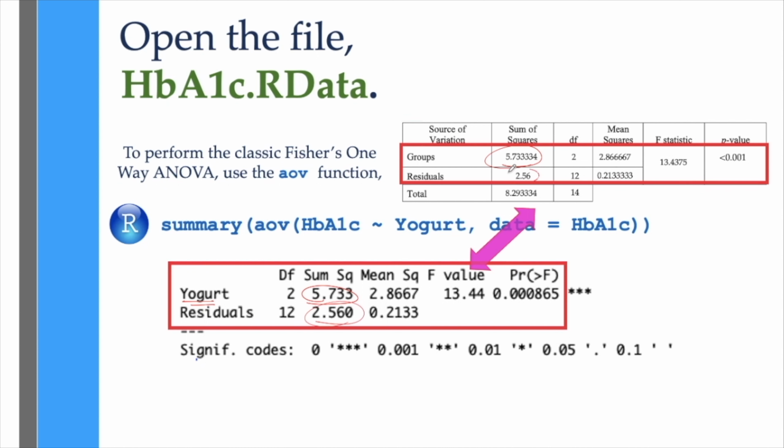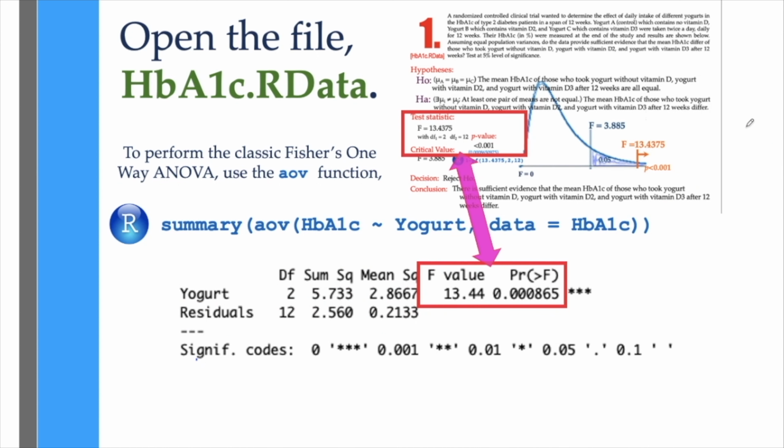We have 2.56. We have 2 and 12 as the degrees of freedom, and mean squares of 2.87 and 0.213. And we have the same F statistic, which is 13.44, and a p-value that is less than 0.001. So we have the same result as the one that we manually computed a while ago.